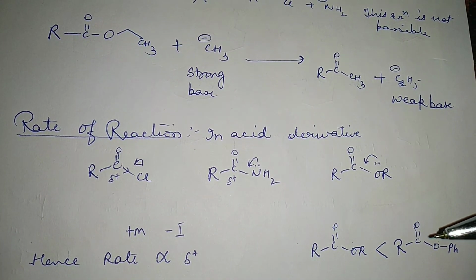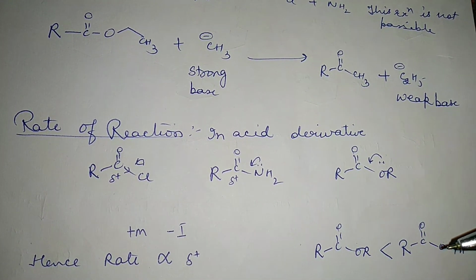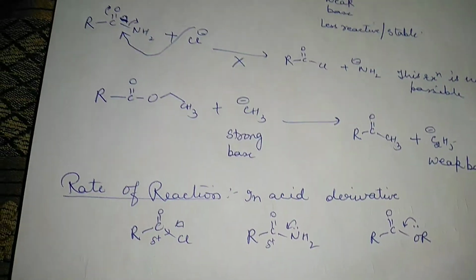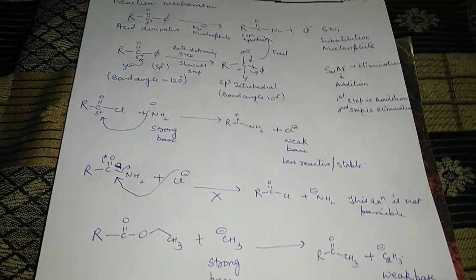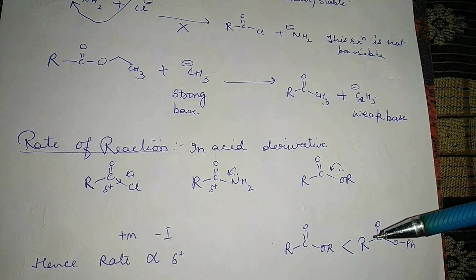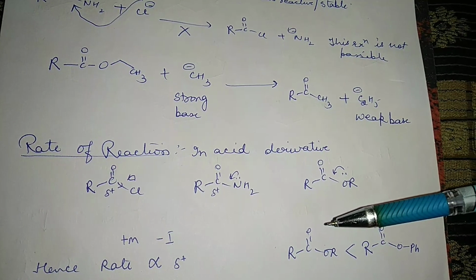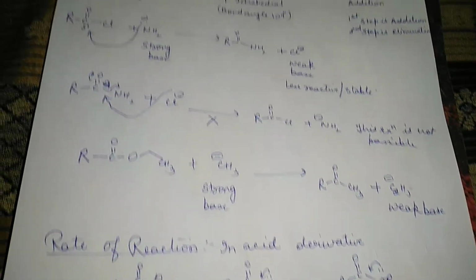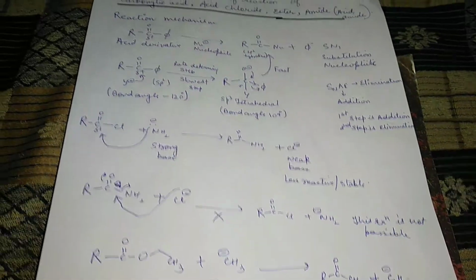So it is more reactive than your alkyl ester. Alright. So यहाँ पे मैंने basically differentiate किया है aromatic ester and alkyl ester में, which one is stronger. So this is all about this reaction mechanism.